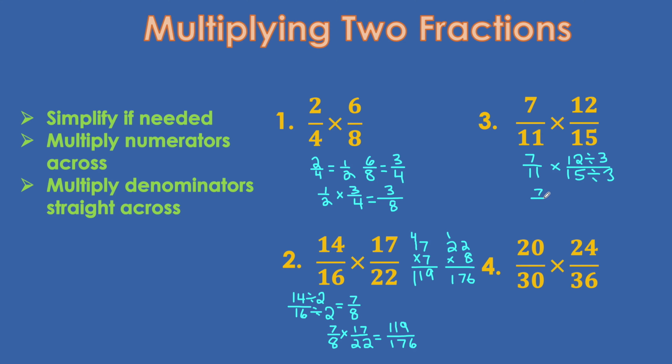So then we have 7/11 times 12 divided by 3 is 4, 15 divided by 3 is 5.